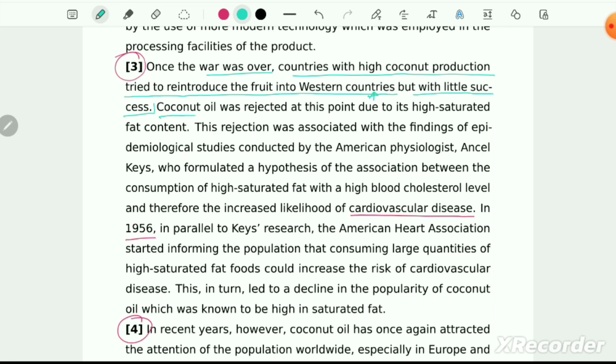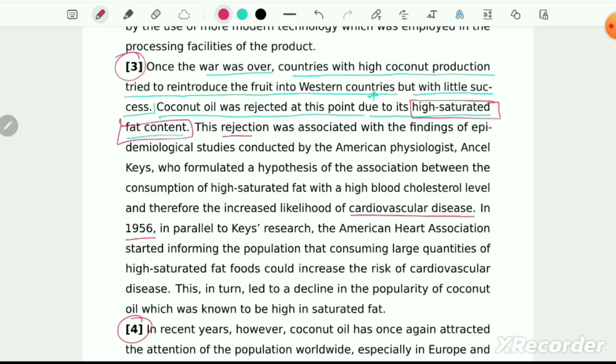So coconut oil was rejected at this point due to its high saturated fat content. Remember, this is a very important aspect, high saturated fat content. So coconut oil had high saturated fat that is not good for health.